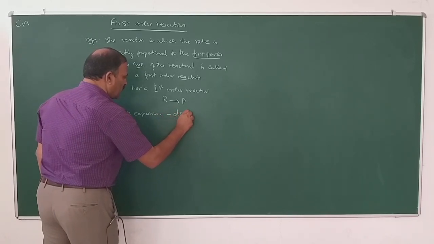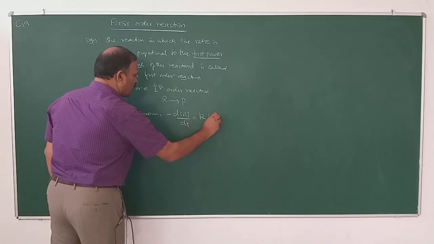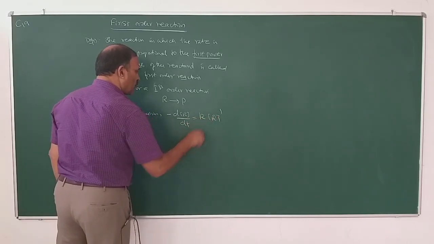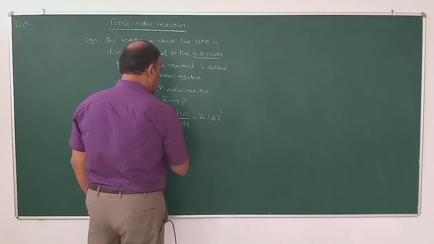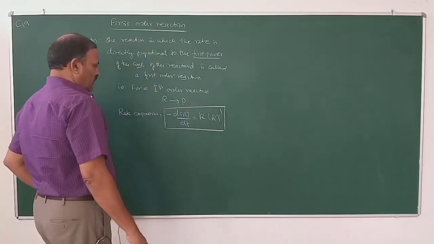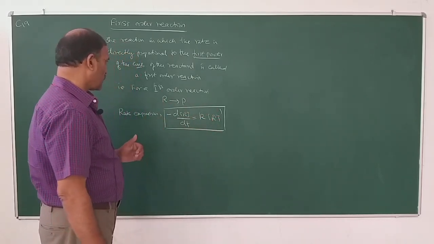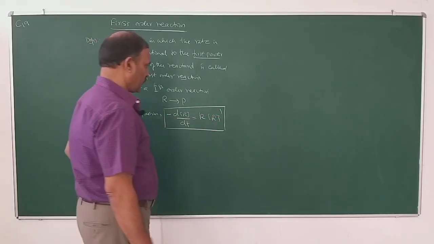Minus dR divided by dt equals K into concentration of R to the power of 1. So this is the rate expression for a first order reaction. For a zero order reaction, it is K into R to the power of 0.